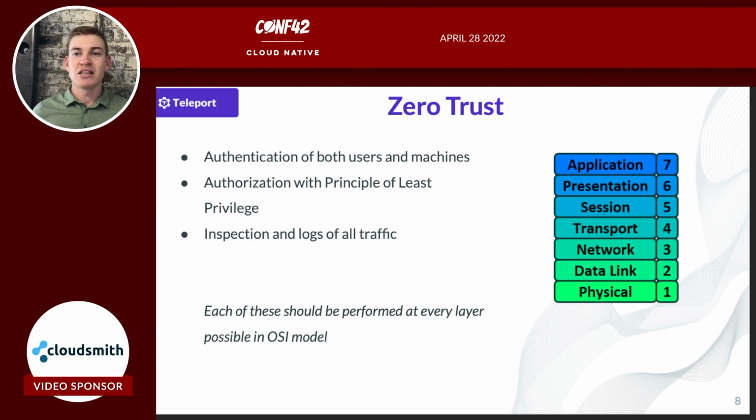By imposing these strict authentication requirements, we are able to better enforce the principle of least privilege, another core pillar of Zero Trust. This framework also calls for the inspection and logging of all network traffic. Each of these fundamental requirements must be applied to every level of the OSI model as well to limit lateral movement across your infrastructure as much as possible.